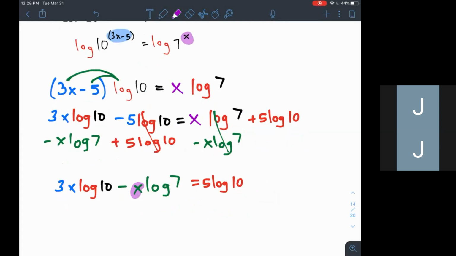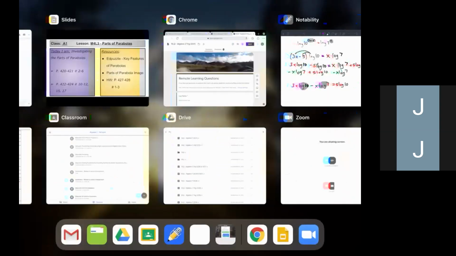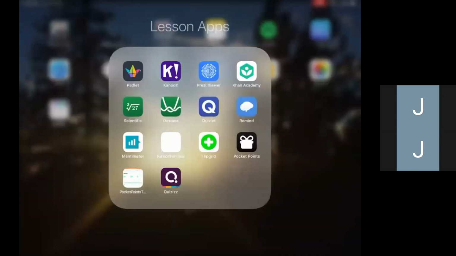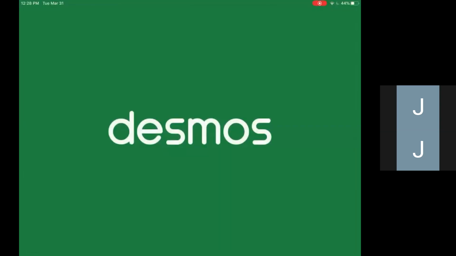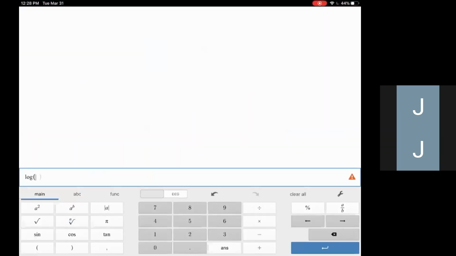Now I can turn these values, log 10 and log 7, into numbers. That'll be a little bit easier to work with at this point. Let's round to the nearest 4 decimal places because that's what the directions ask of us. So now log of 10 is 1, which makes sense.